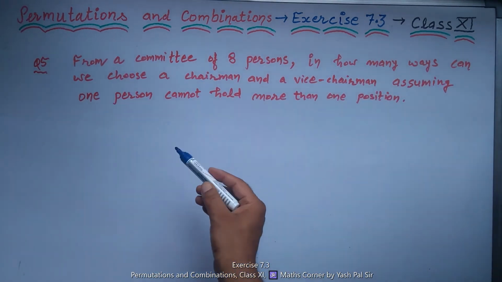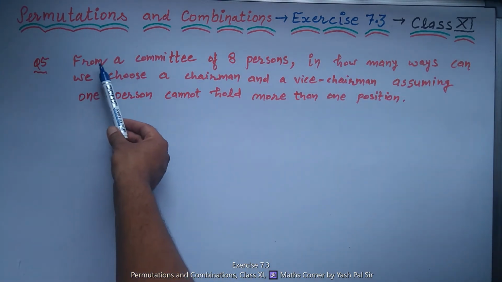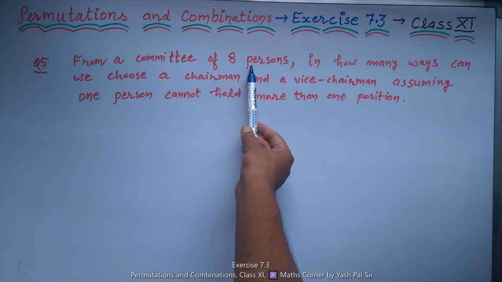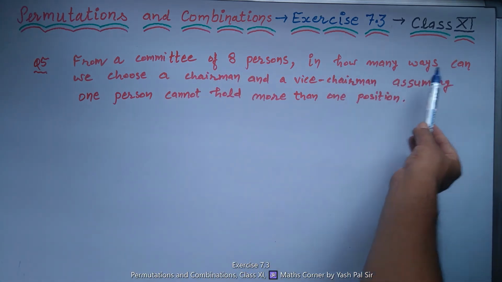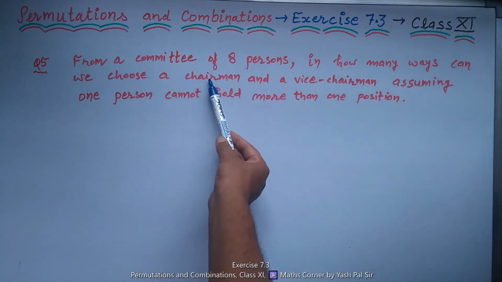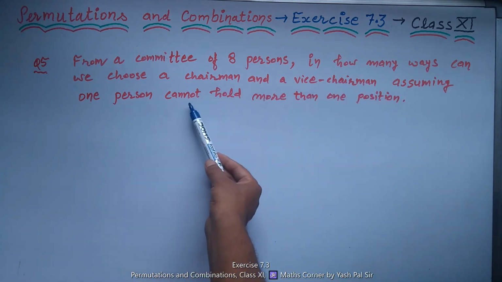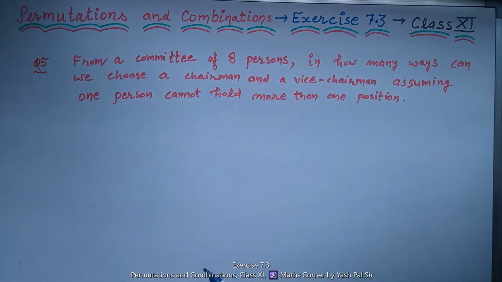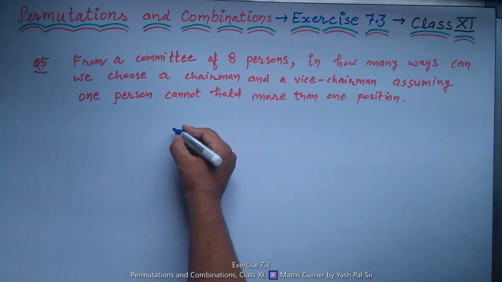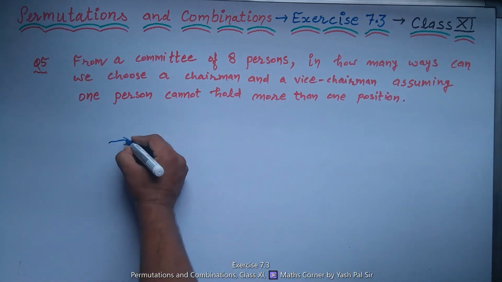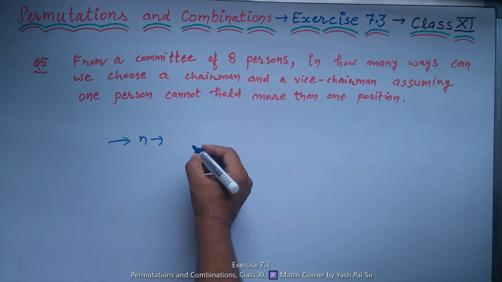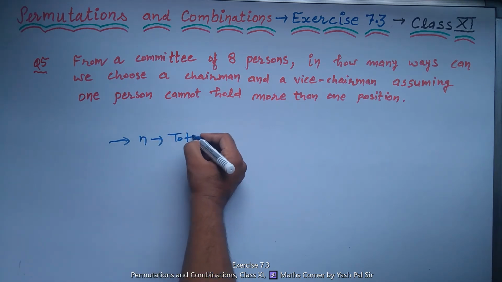Question number 5 is a very interesting question. From a committee of 8 persons, in how many ways can we choose a chairman and a vice chairman, assuming one person cannot hold more than one position? First of all, what is the meaning of n? N means total objects.